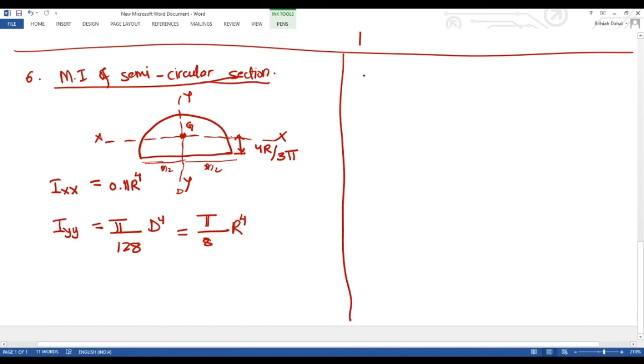And the last geometrical section is the quadrant circle, the moment of inertia of a quadrant circle.